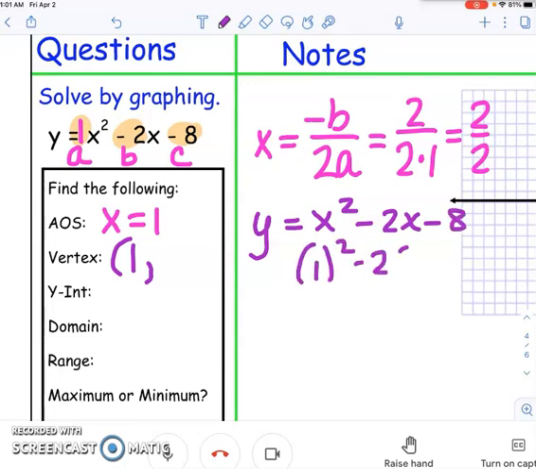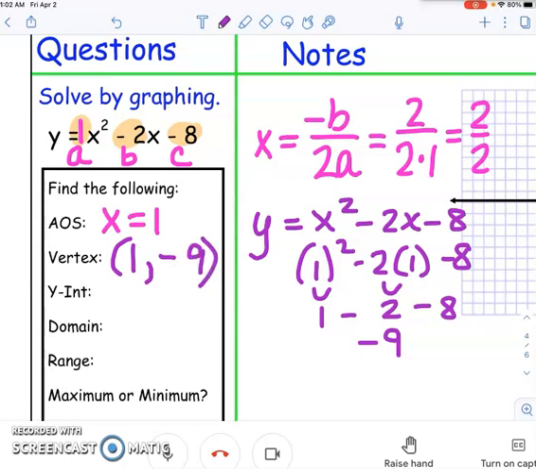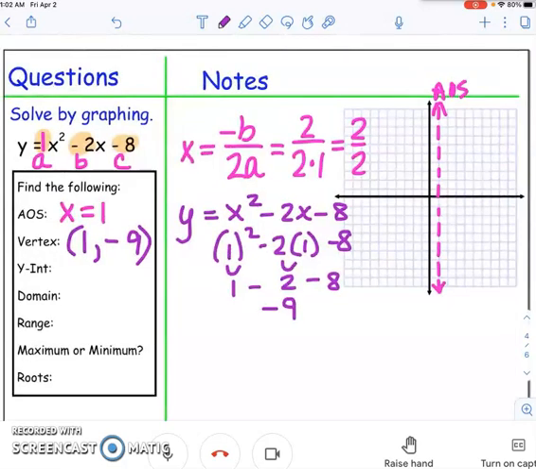So we turn both of the x's into 1's. 1 squared is 1. Minus 2 times 1, which is 2. So 1 minus 2 is -1. Minus 8 is -9. So that's the y-coordinate of our vertex. So 1, -9 is way down here. So that's my vertex point.